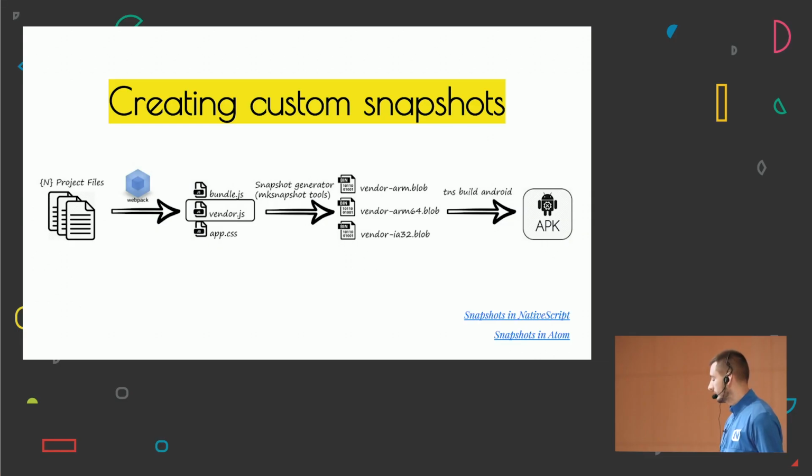After that, we have some snapshots. You can see the .blob files, and we have several of them for the different Android architectures, some for ARM and some for Intel architectures. After that, when we build our package, the Android APK, all these snapshots are included in it.